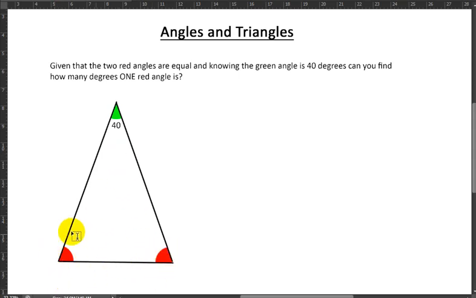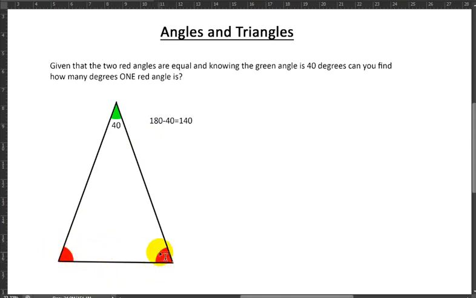But since they're equal, what that means is that whatever I need to fill up to 180 from 40, each one should be half. So how much would I need? Together, how much should these be to make, with this one, 180? Well, that means I got to find the difference between 180 and 40, which is 140. So these two red angles together need to be 140.